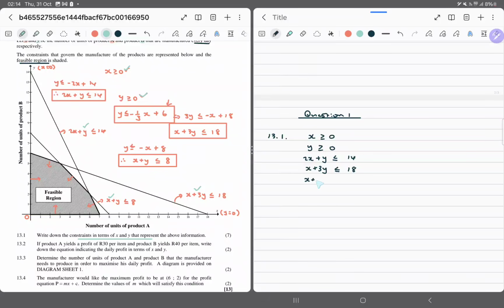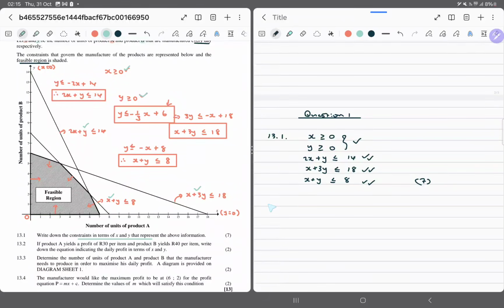And then we have x plus y must be less than or equal to 8. Is that all? How many are they? 1, 2, 3, 4, 5. So 7 marks. I would say maybe 2 marks for each of these because they're a bit complex, right? 6 marks. These ones are too simple. We can give 1 mark and say this is the total of 7 marks.